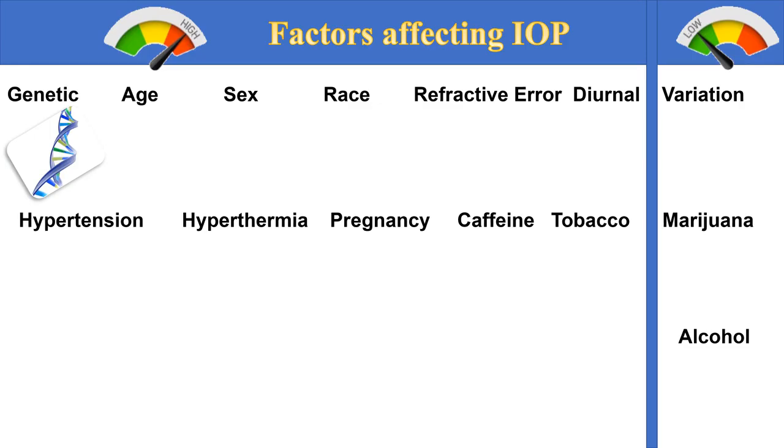And then another factor is the age. It was found that the intraocular pressure is equal between 20 to 40 years of age, but as individuals are getting older, they're becoming more at risk to develop glaucoma. This may be attributed to the trabecular meshwork becoming full of debris.